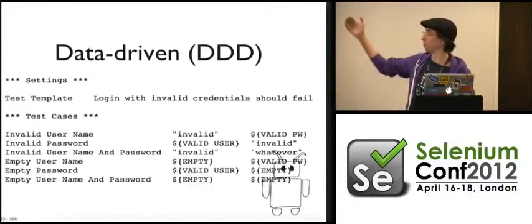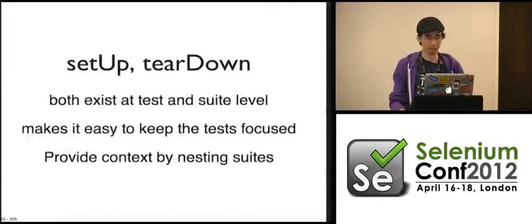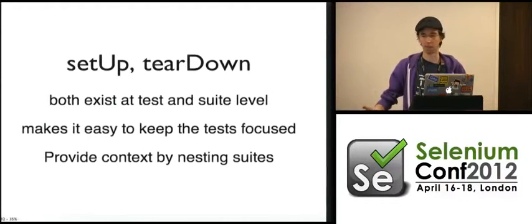Yeah, all the test cases take the test template above and execute. There's setup and teardown, as in every framework, both at test and at suite level, and they make it really easy to keep the test focused. Like with the introductory example, in the specific test, I don't care what the actual valid username or the valid password is, as long as it is a valid user and a valid password.